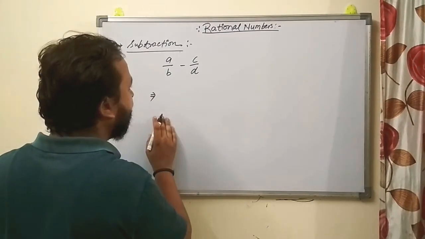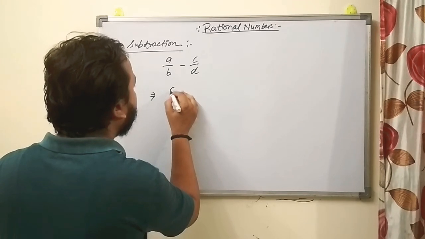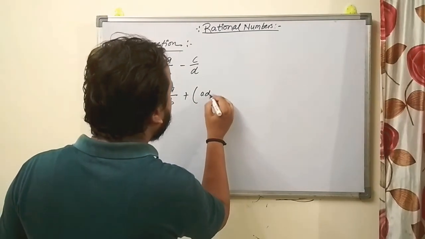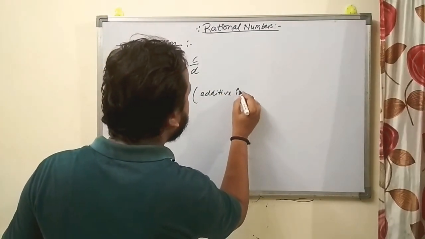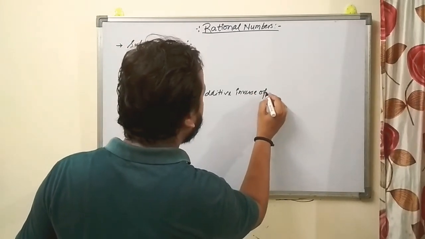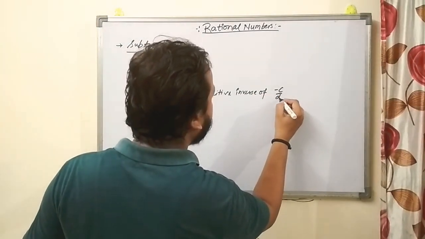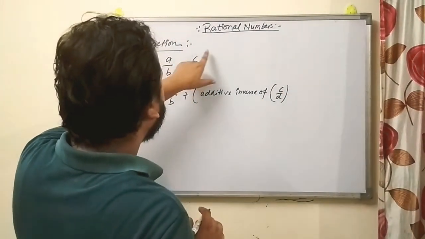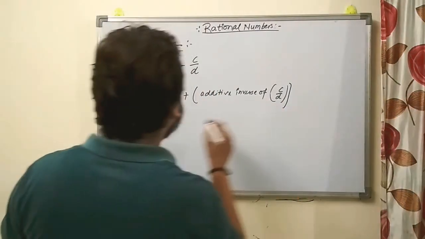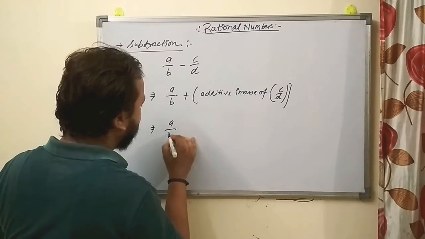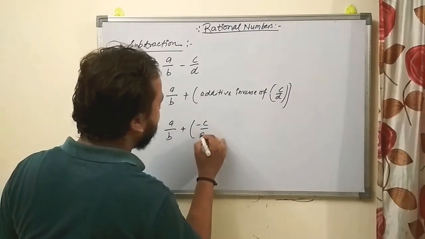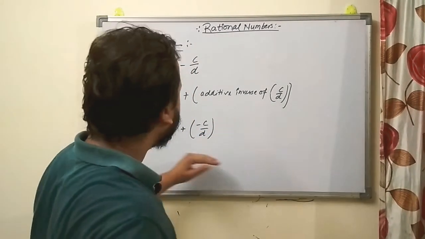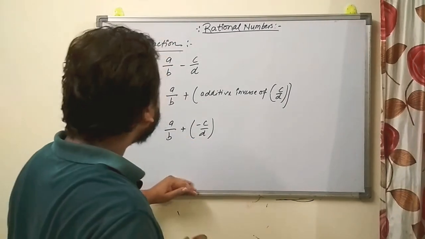In the next step you have to write it as a by b plus the additive inverse of c by d, that is minus c by d, because this is minus c by d, right? The next step, you write it as a by b plus minus c by d. So minus c by d is the additive inverse of c by d, right? And after that, just take the LCM and solve it.